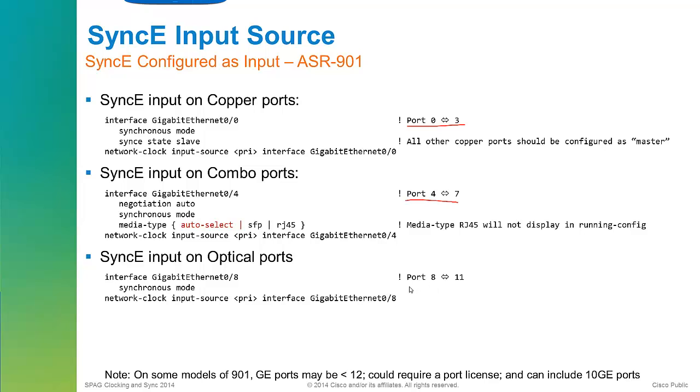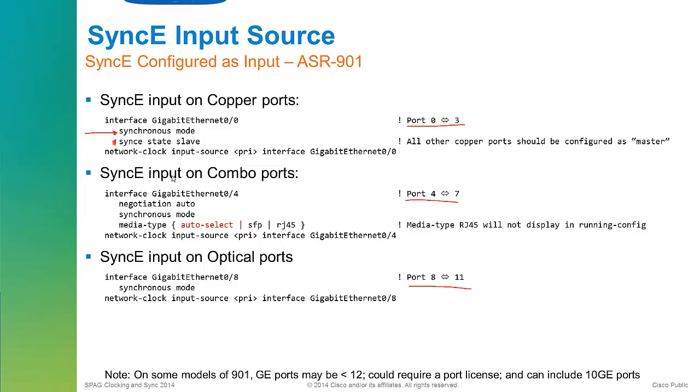And then there's optical only ports. And to get the best result, we find that as well as defining synchronous mode, you really need to define what mode it is. So if it's SyncE state slave, then you want to configure SyncE state slave, and that means you take your sync from the other end.